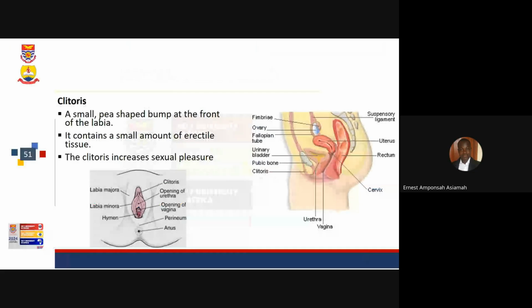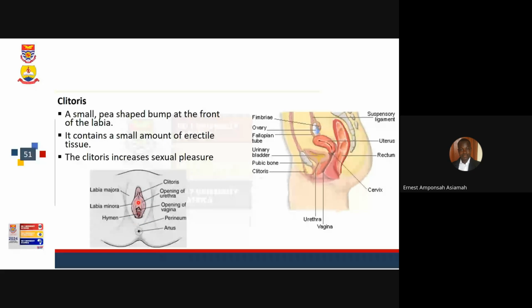Oh, okay. So this is where I was explaining that we have the labia. I was telling you about the two folds. When you look at the vulva, the outermost part is broad and thicker and it has hair.